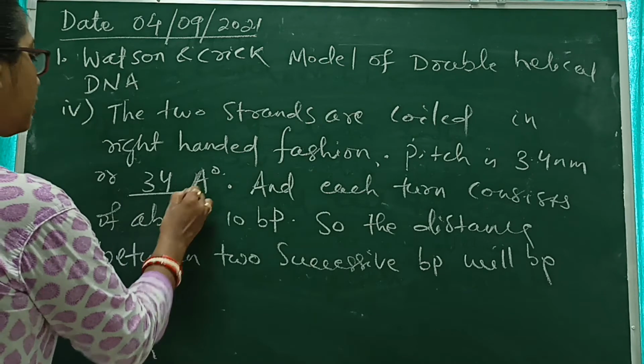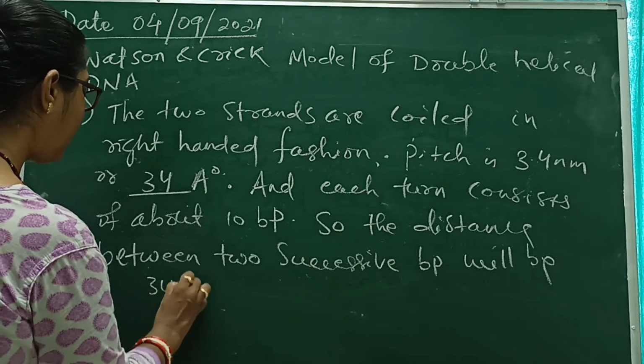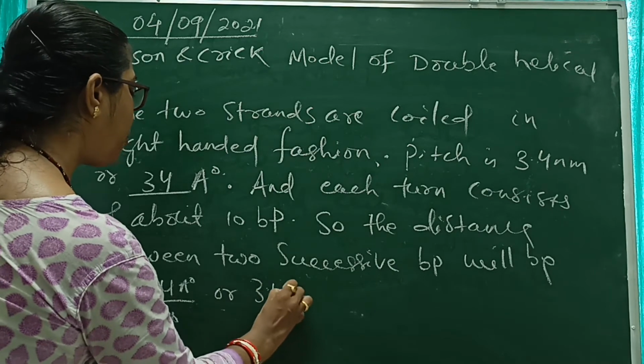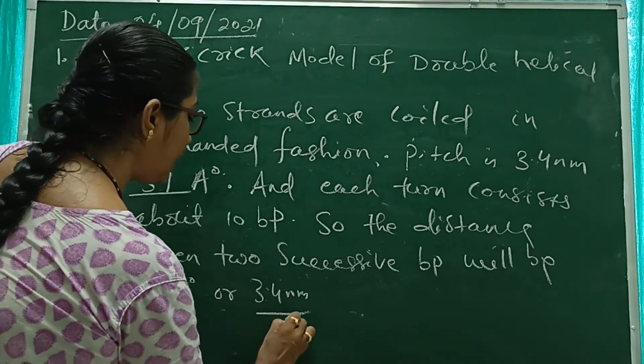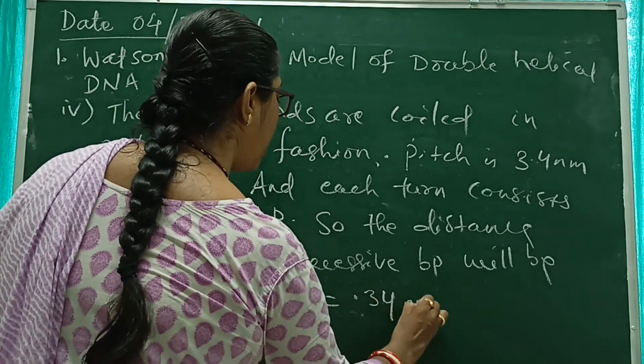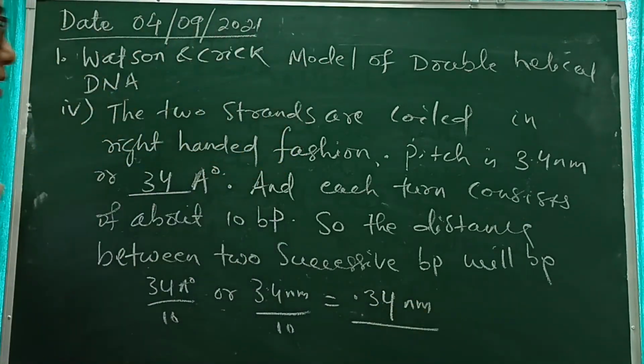It will be 34 angstrom by 10, or 3.4 nanometer by 10, is equal to 0.34 nanometer.